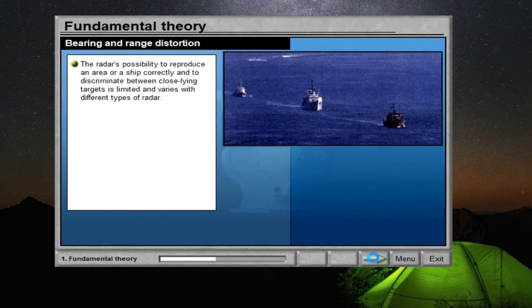The radar's possibility to reproduce an area or a ship correctly and to discriminate between close-lying targets is limited and varies with different types of radar. The discriminating ability in range is usually 25 to 75 metres. However, the accuracy is lower on long ranges.